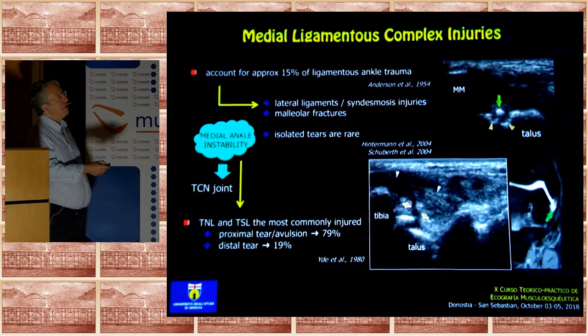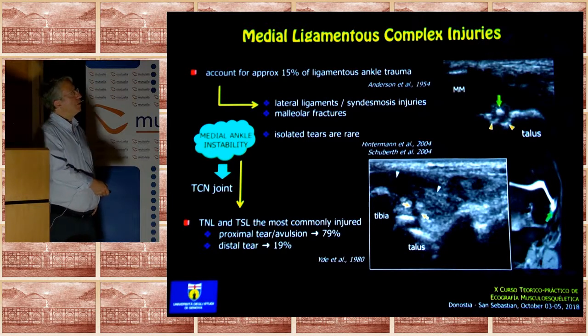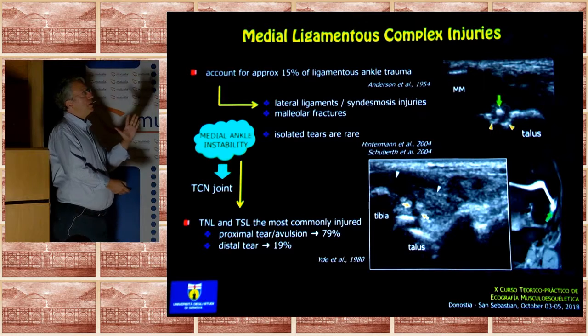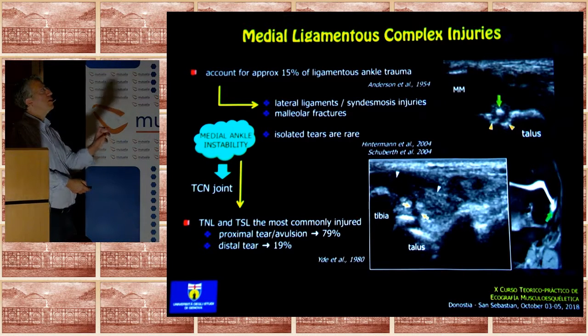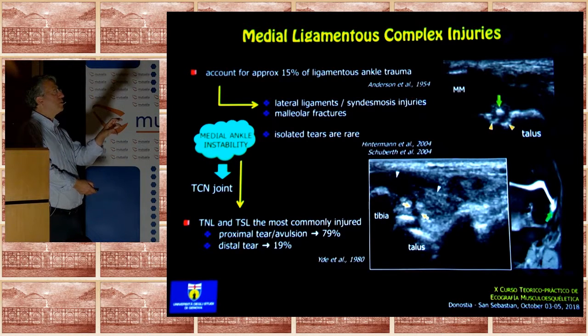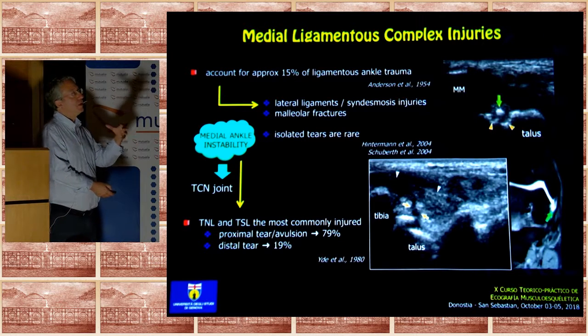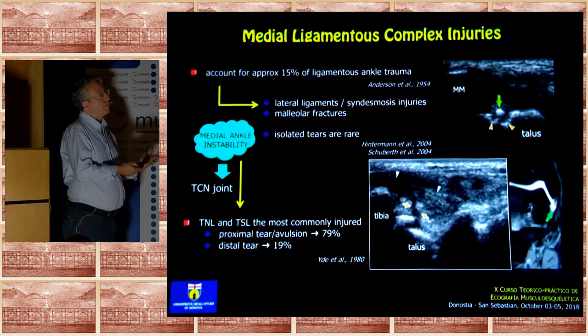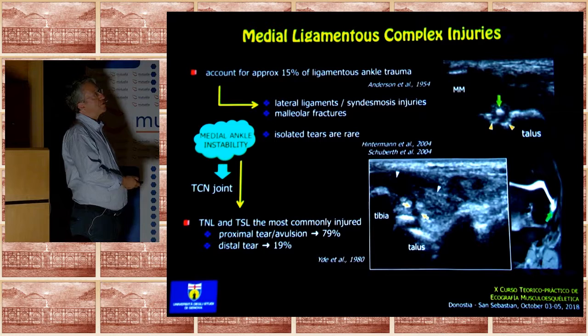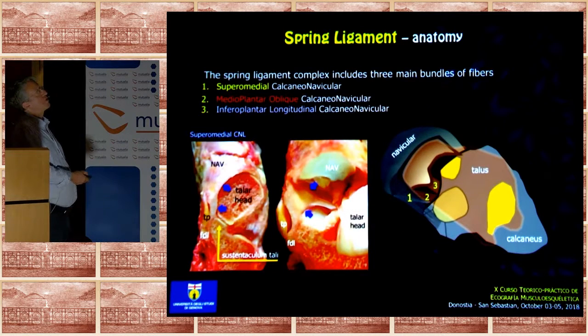Here is another partial thickness tear of the tibiotalar ligament with a swollen tibiocalcaneal component. Anyway, if you are systematic, you can identify the involved component, and you can also be very accurate to assess the status of these structures.